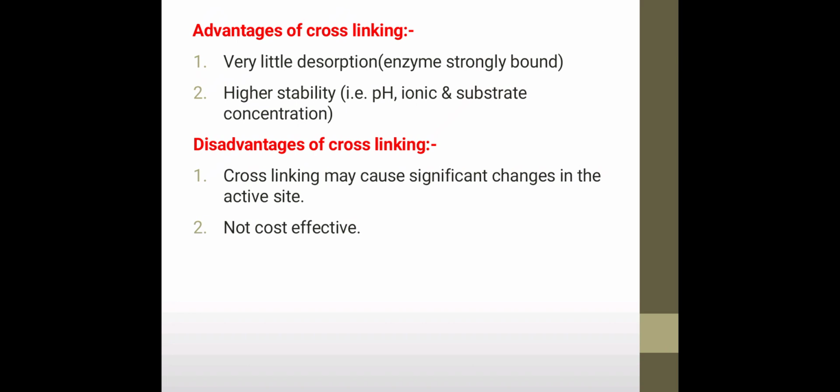And while considering the disadvantages of this cross-linking, the cross-linking may cause significant changes in the active site. For an enzymatic reaction, the active site is important. So if there is any modification or change in the active site, it is not considered a safer one and also not cost effective. So cost wise also it is not good.